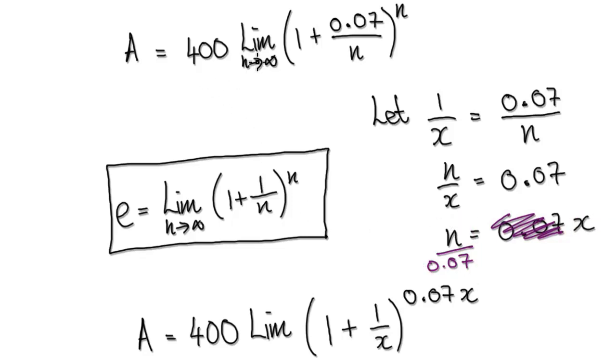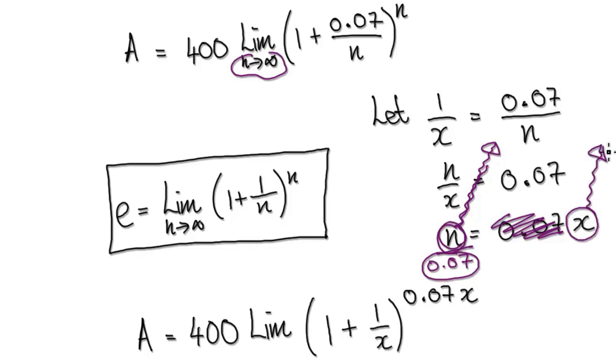So up here, as n heads towards infinity, what's happening to x as this n gets bigger and bigger? Even though you're dividing by 0.07, x will also get bigger and bigger. So when you translate a limit from n to x, as n heads towards infinity, x in our example also heads towards infinity.